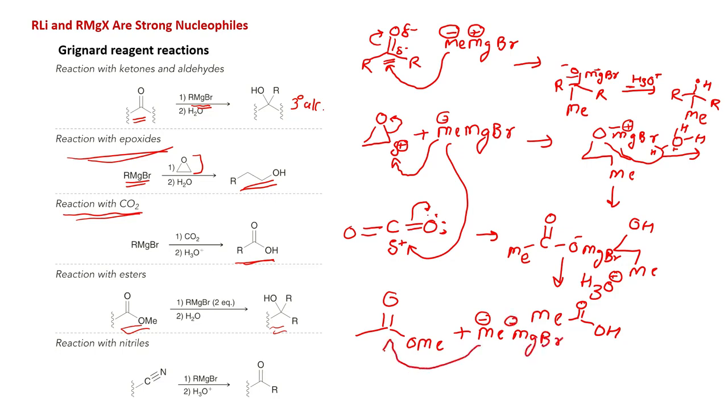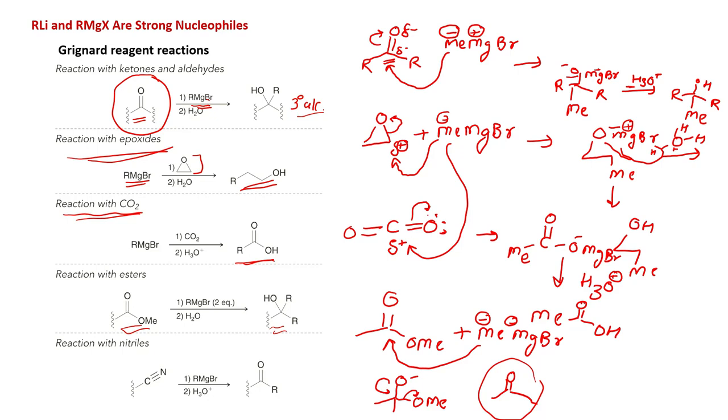This methyl acts as a nucleophile, reacts on this carbocation, and you will get oxygen negative, methyl, OMe. So this electron will return back and OMe is a leaving group, so you will get your ketone. And we know ketone when reacted with Grignard reagent gives you tertiary alcohol.